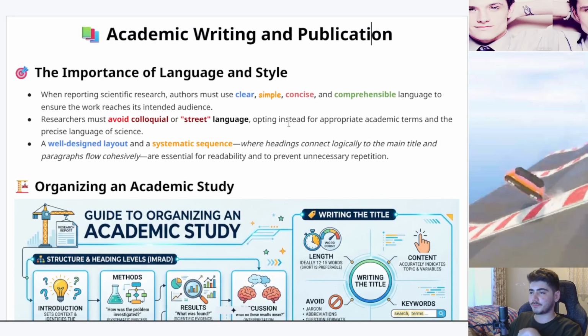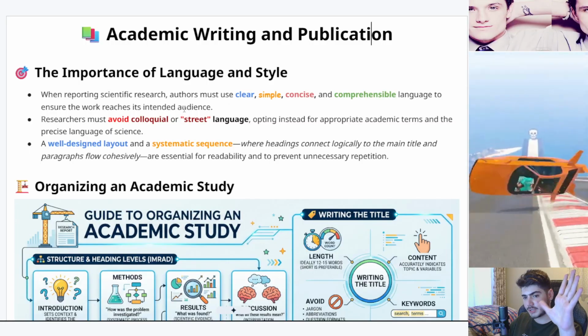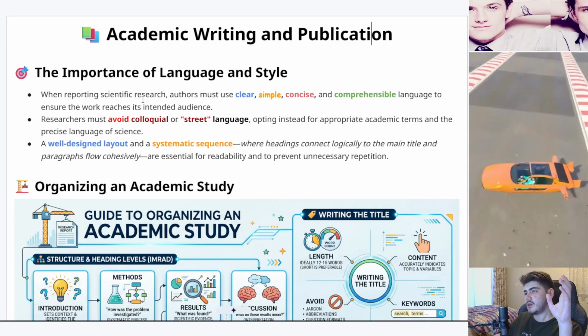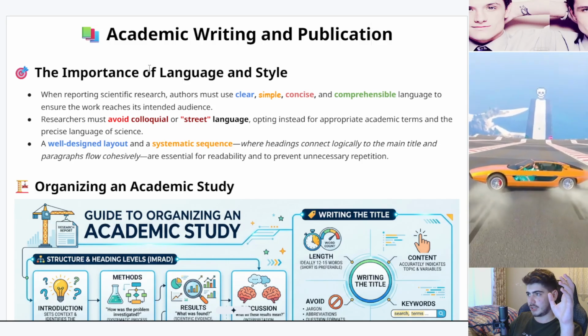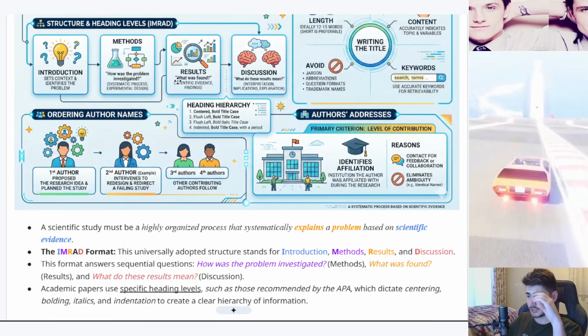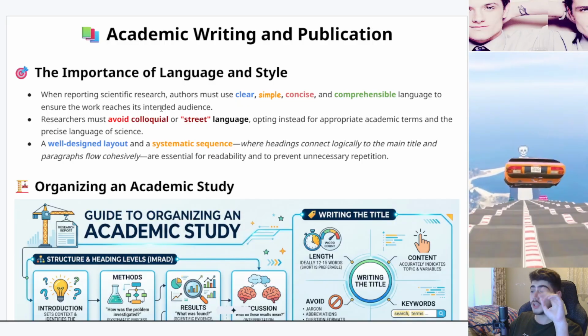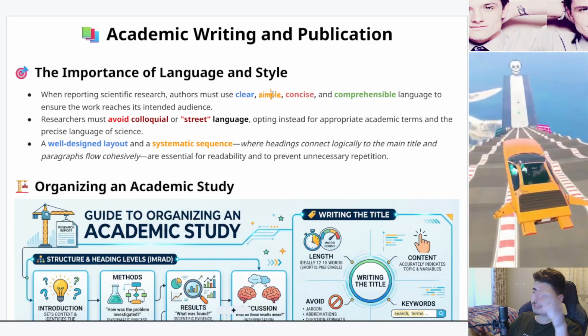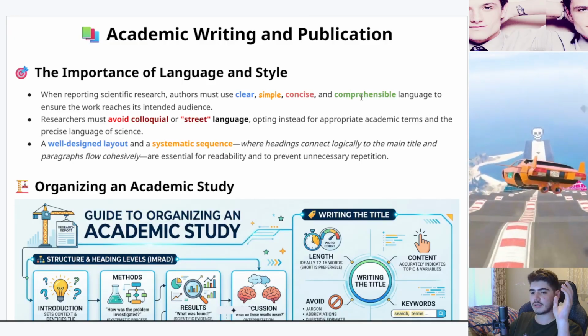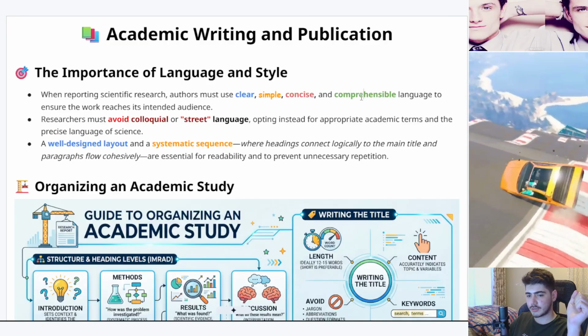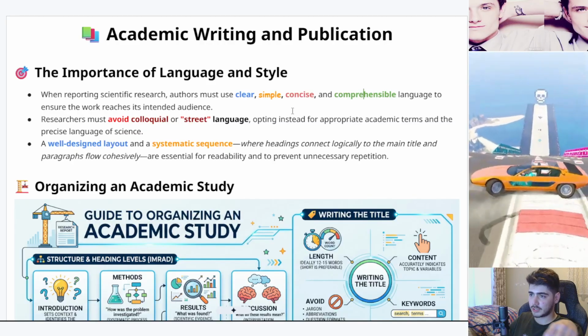So let's start. When writing your research paper, or writing anything academic, or a publication, research report, you need to be clear, simple, concise, and comprehensible. Your language needs to have these traits.